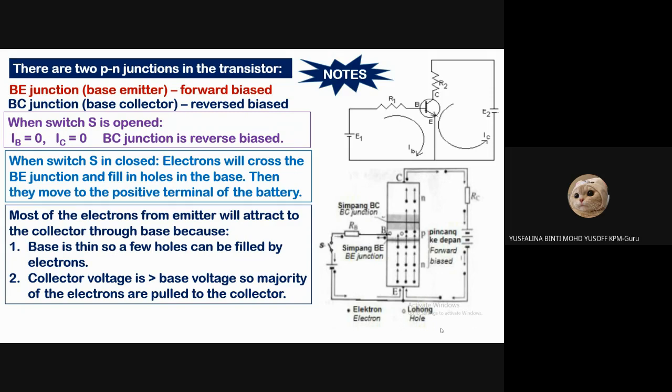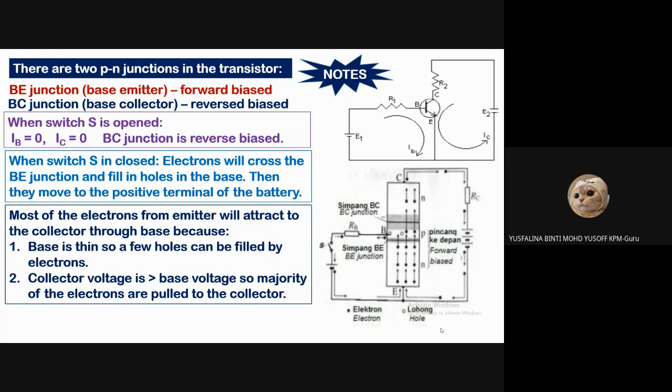Then the next part says, when the switch is closed, it means the current can flow, right?